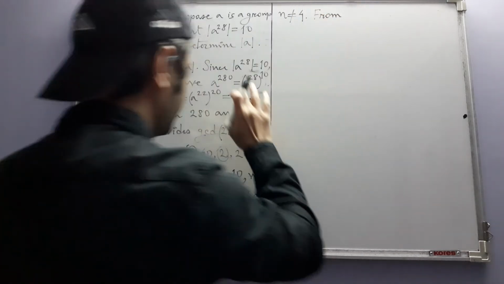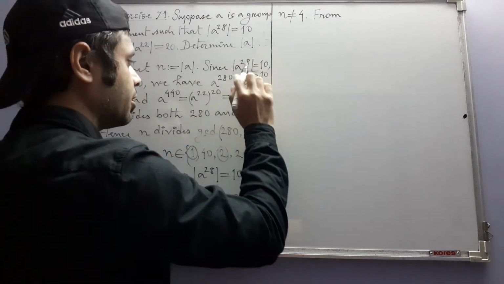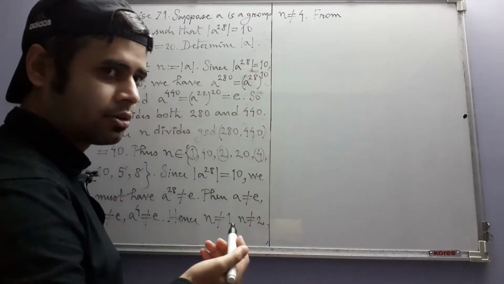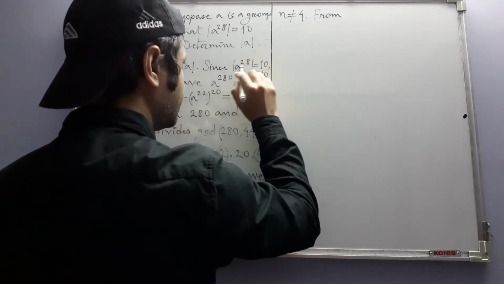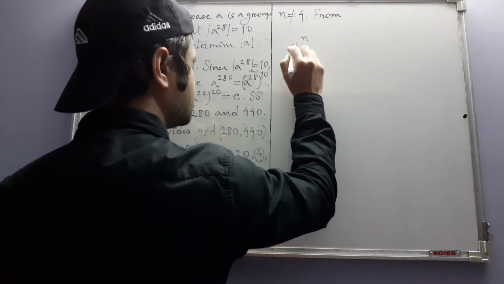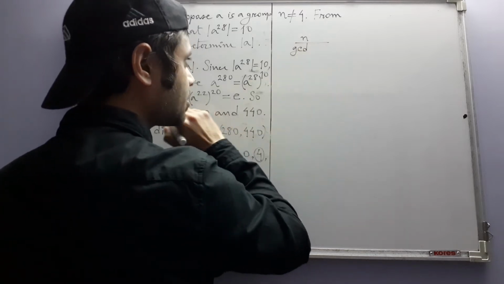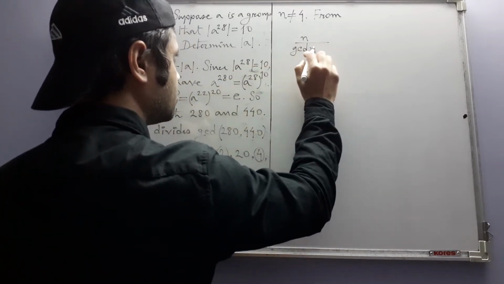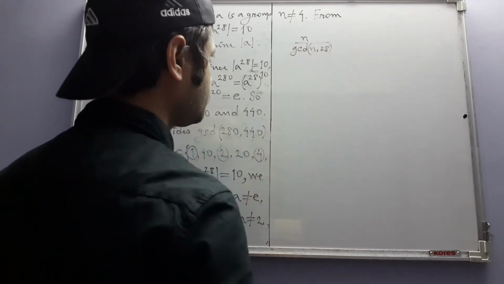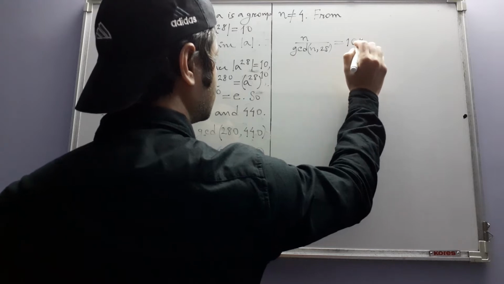Now if we apply that here, then according to that formula which calculates the order of a to the power 28 in terms of the order of a, the left hand side of this equation will be the order of a, which is n, divided by the greatest common divisor of n and 28. This should be equal to 10.